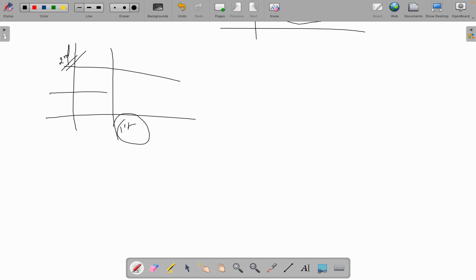Suppose here is the third cut, and after the third cut I'm getting most of the points here, and this is my fourth cut, and I'm getting 1 point here, 1 point here, and 1 point here.